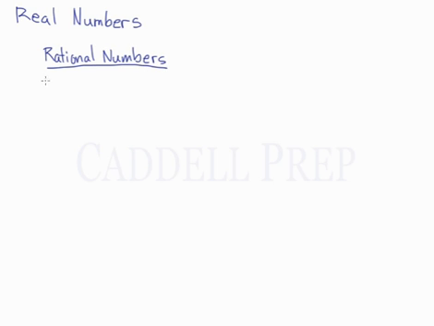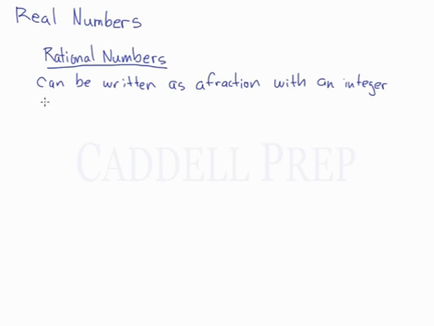Okay, rational numbers can be written as a fraction with an integer numerator and a non-zero integer denominator.